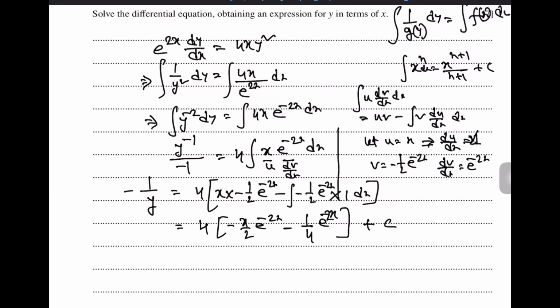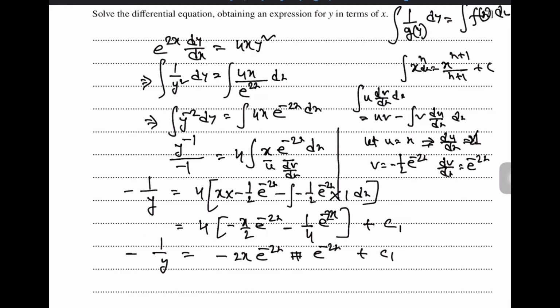So after the integration, minus 1 by y equals, if I multiply by 4, minus 2x e to the power minus 2x, plus e to the power minus 2x, plus c1.